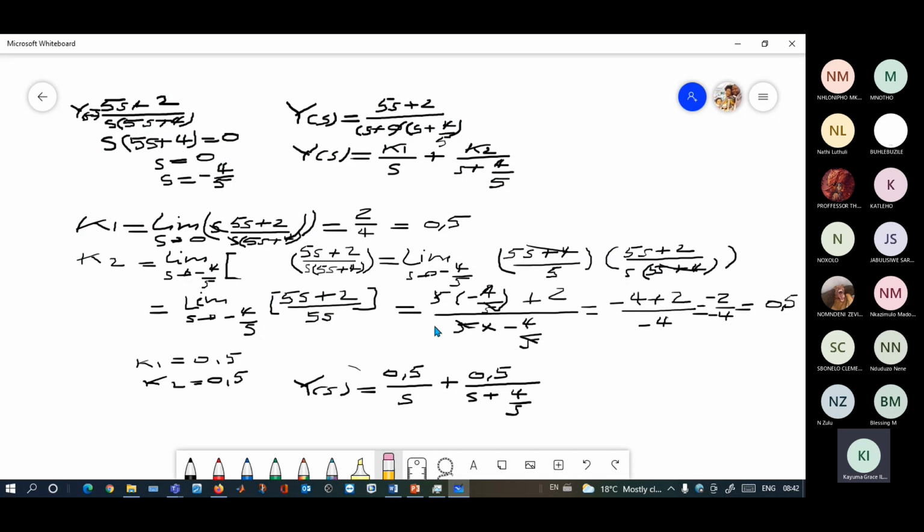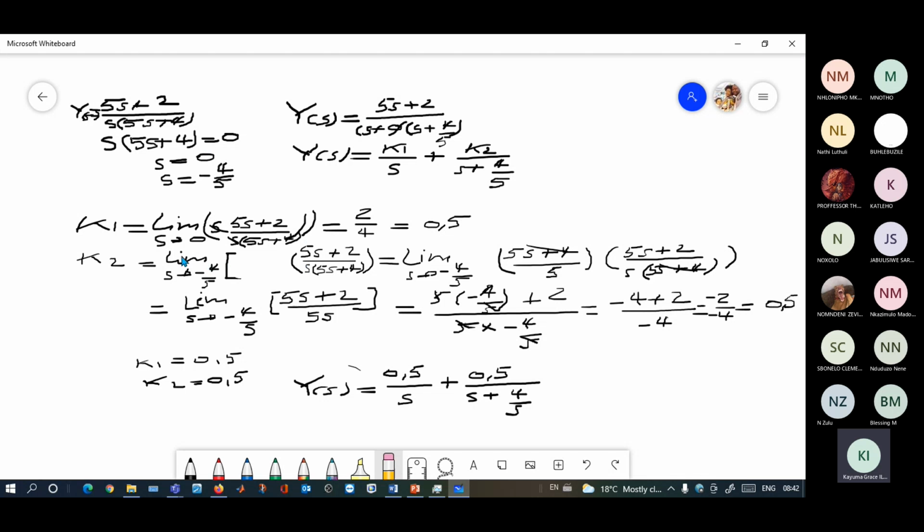So okay, we had for k1, we use limit of s, our first pole, which was equal to 0, limit of s approaching 0, then we use this s, the one that's down there, we multiply it by our y of s, which is s times this times s plus 4.